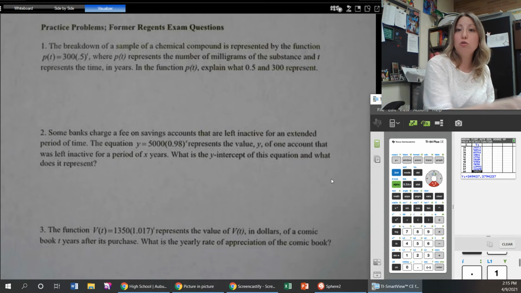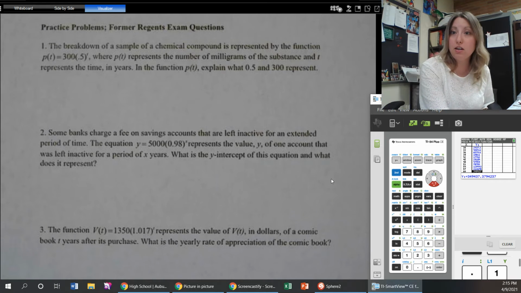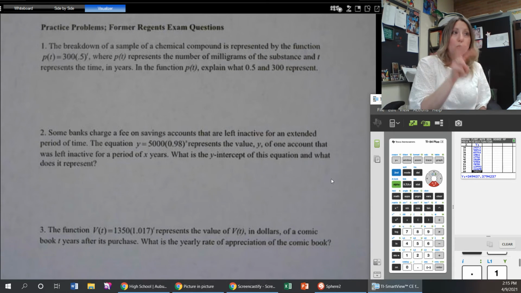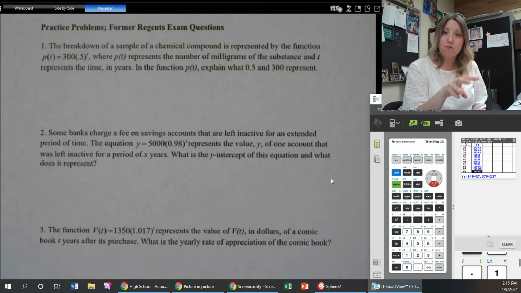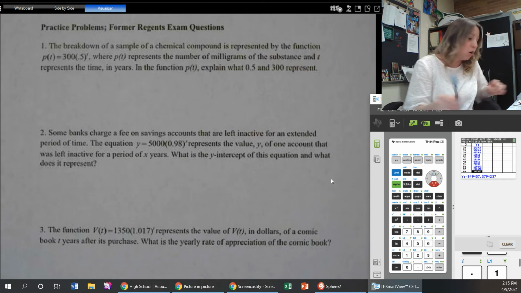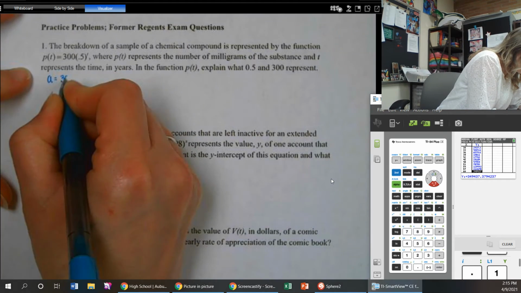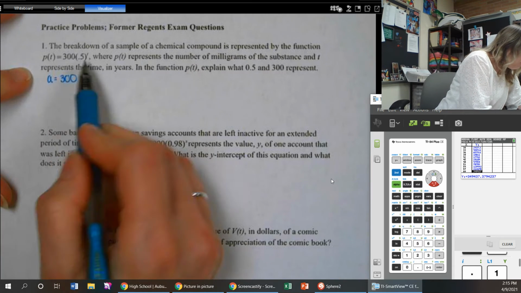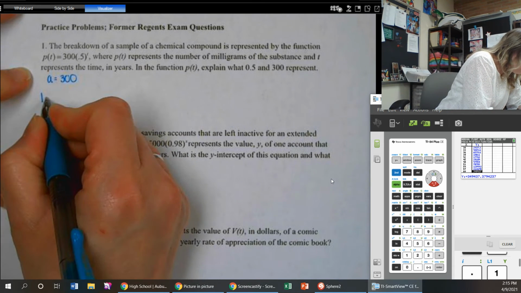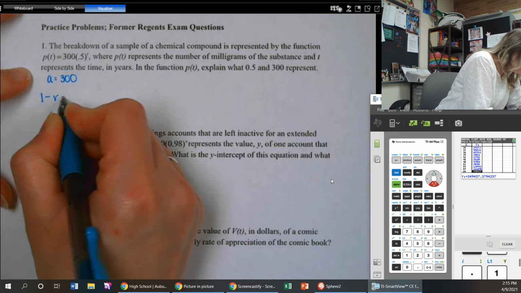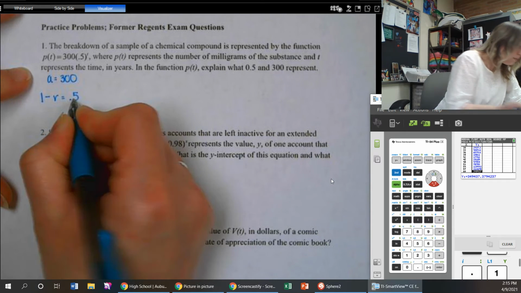They're telling you what P of T and T represent. So what do those two numbers in the function mean? Well, 300 is your A, and your 1 minus rate is 0.5.